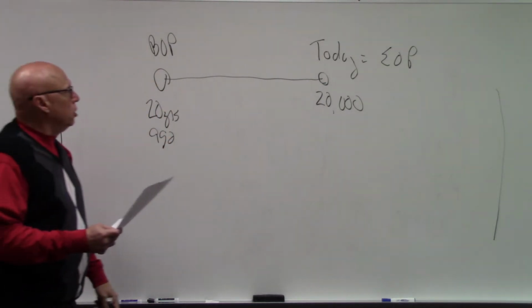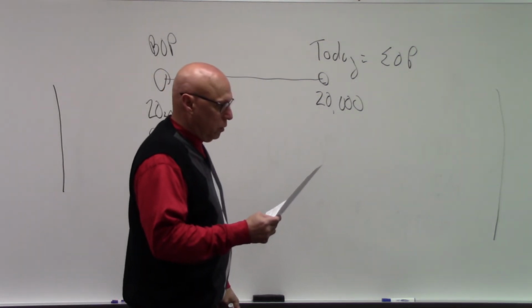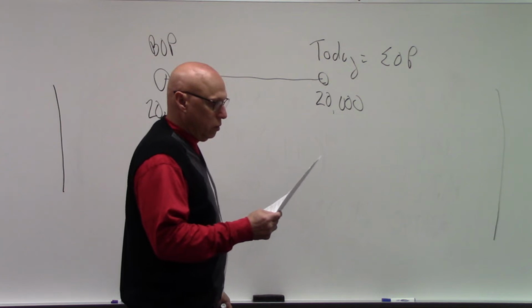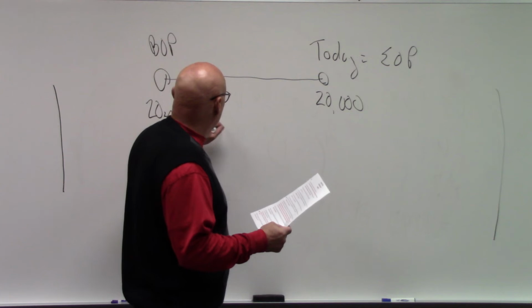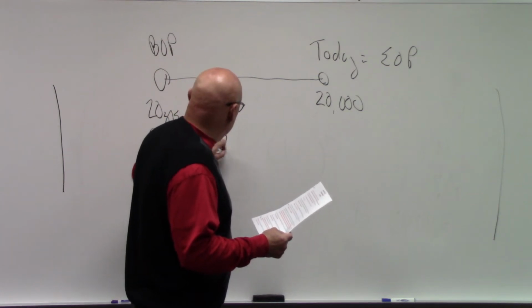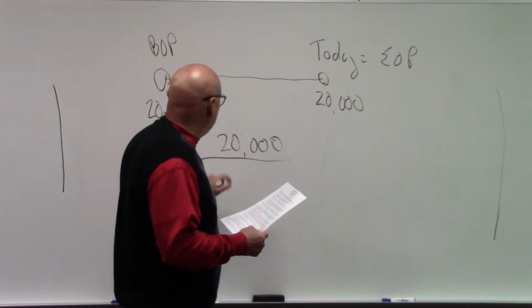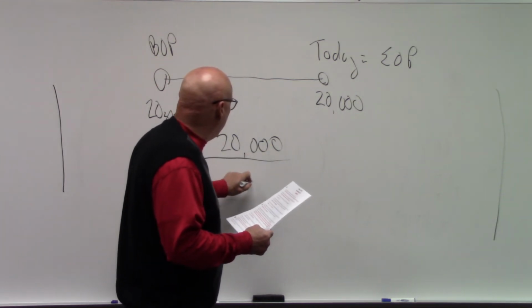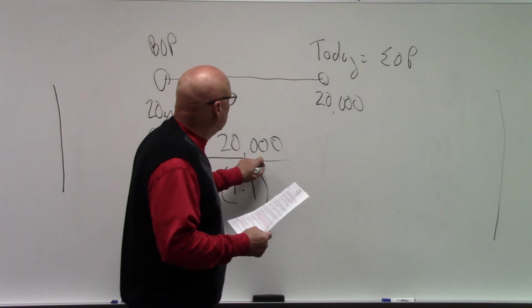Okay? So, 20 years at 10% a year. So, we can take $20,000 divided by 1.1 raised to the 20th.